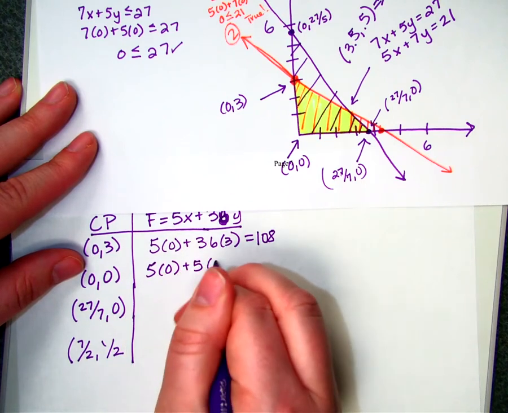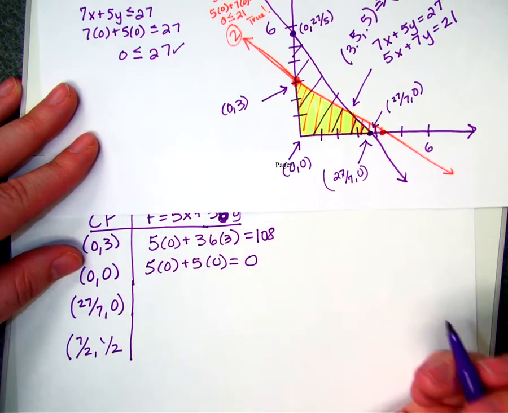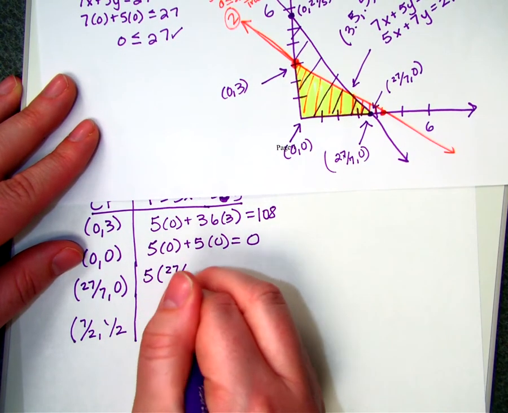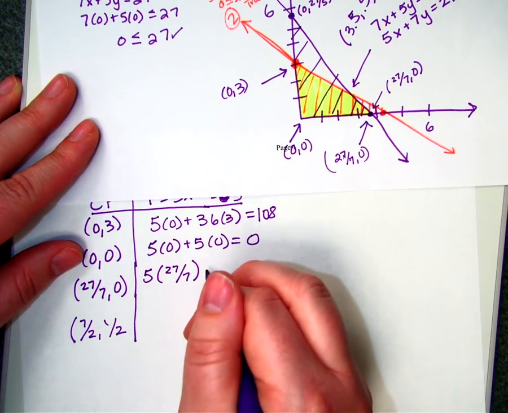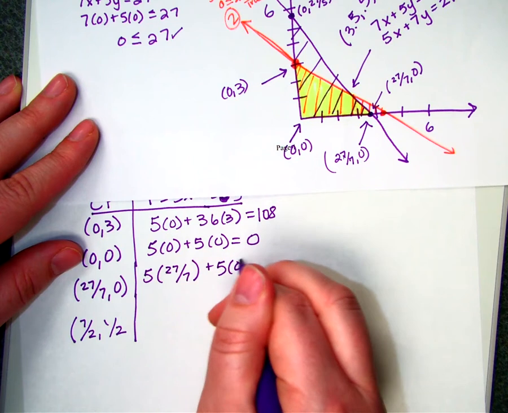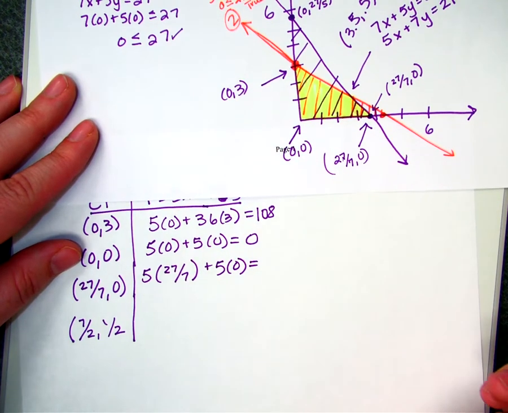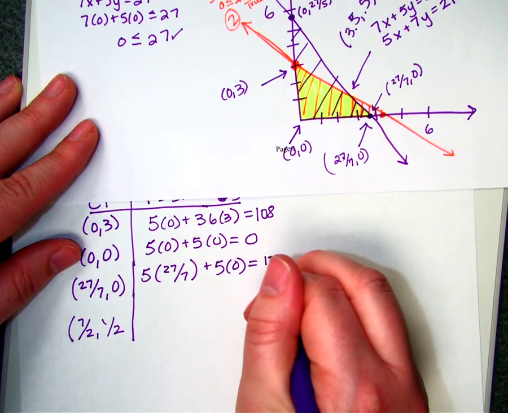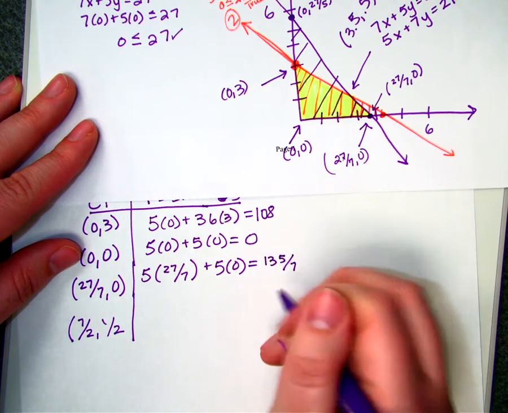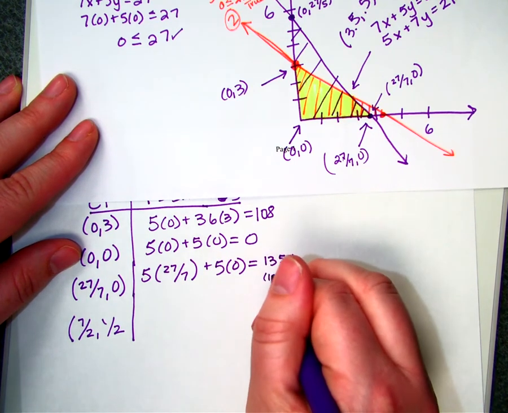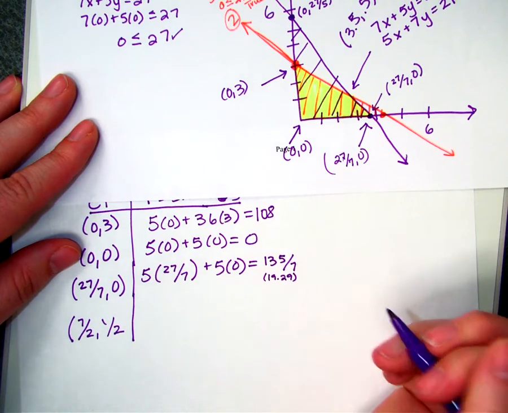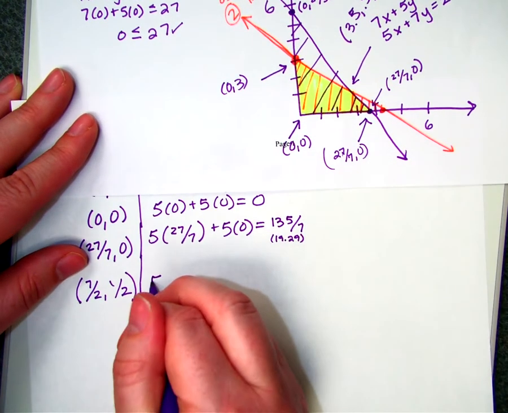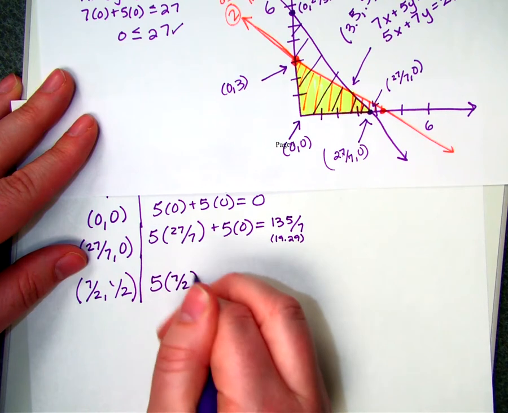Now plug in your next corner point. That one was easy. Plug in your third corner point. So 5 times 27 over 7. This is equal to 135 over 7, or 19.29. And then finally, plug in your last corner point.